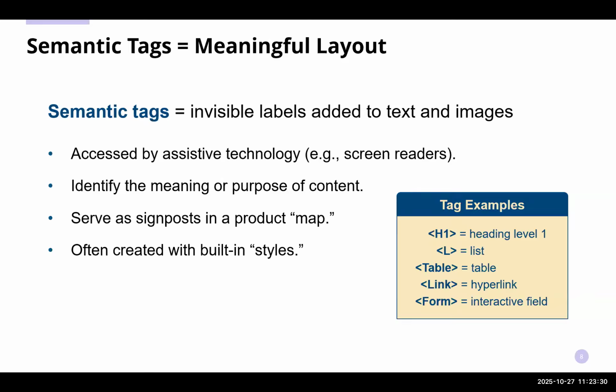Think of it like headings are like store signs in a shopping mall. They help you know when you enter a new department. And similarly, lists are like items in a grocery list. If not rightly arranged, you might miss one item.